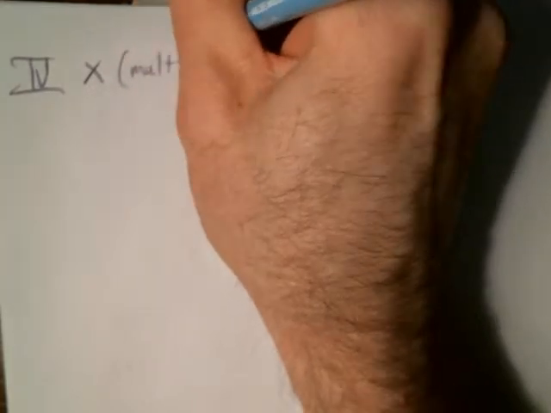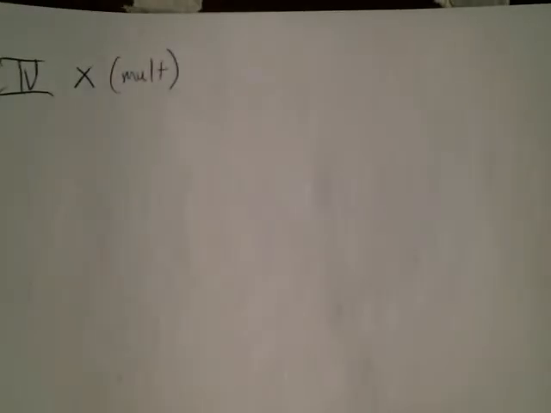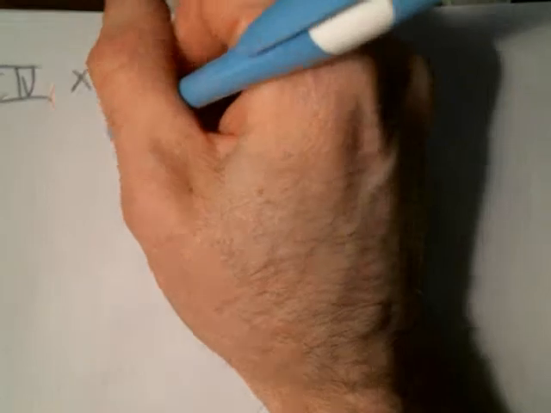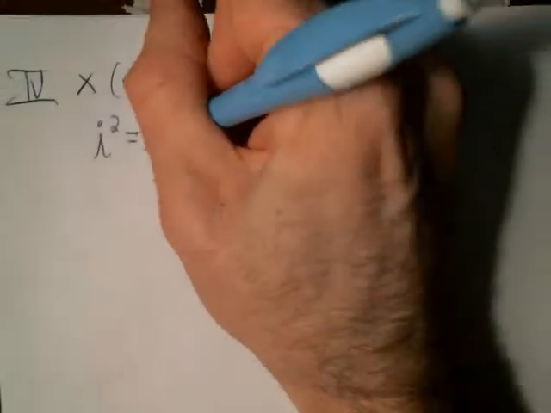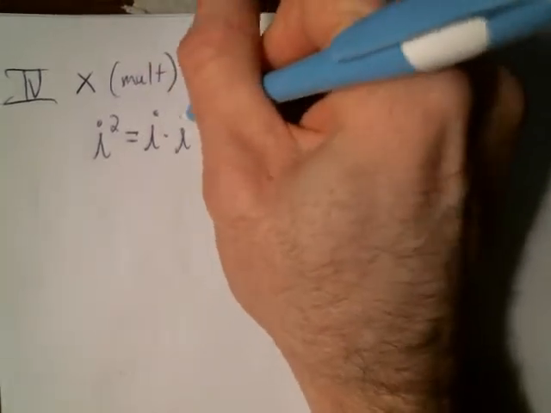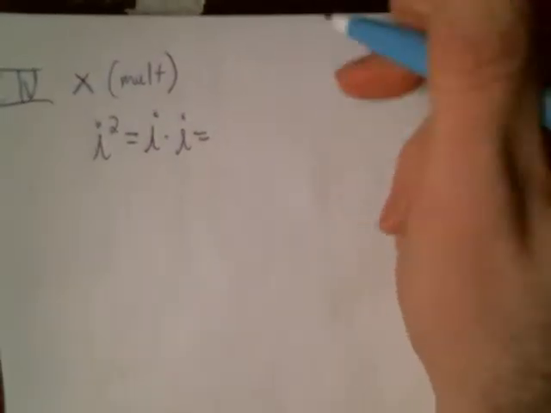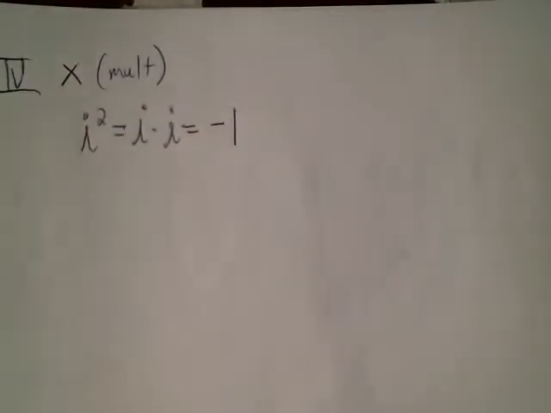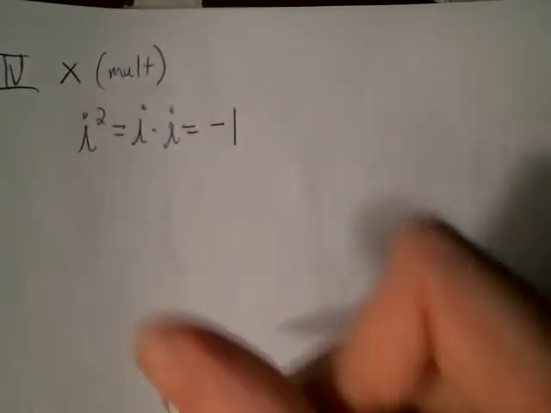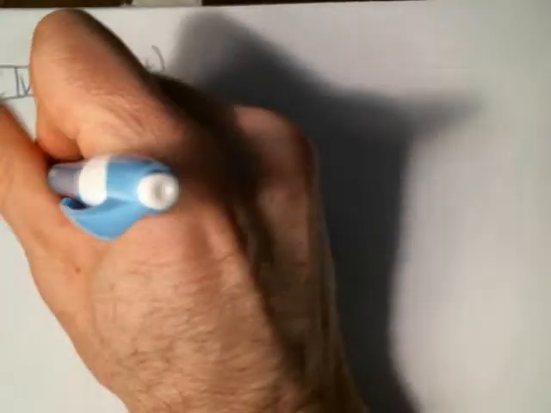Okay, so just multiplication. I guess the rule of thumb here is whenever you end up with an i squared, which is basically just i times i, you're going to replace that with a -1. Okay, so let's take a look. Here's 33.